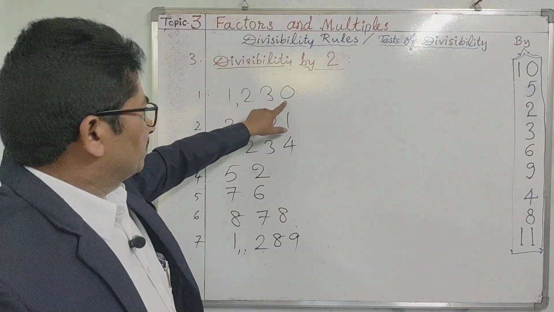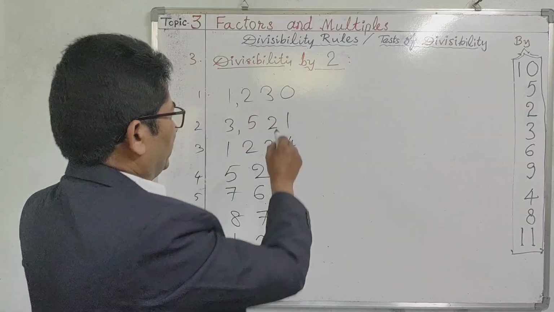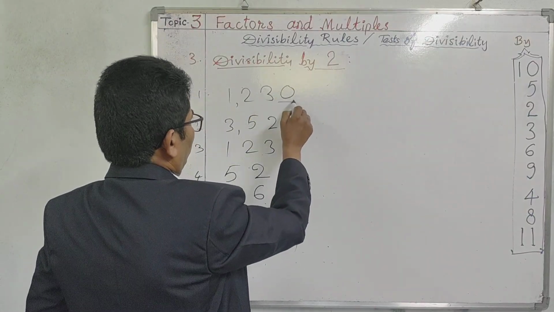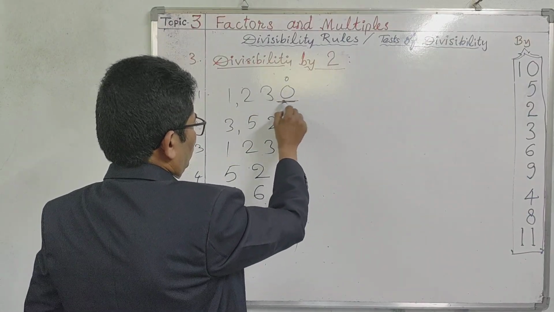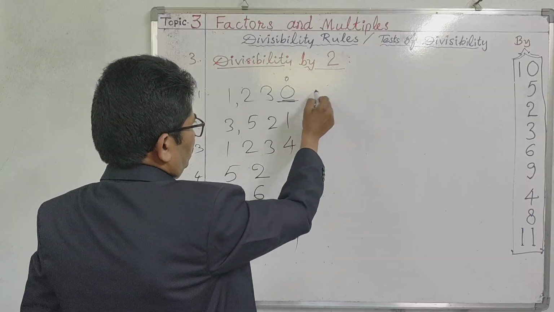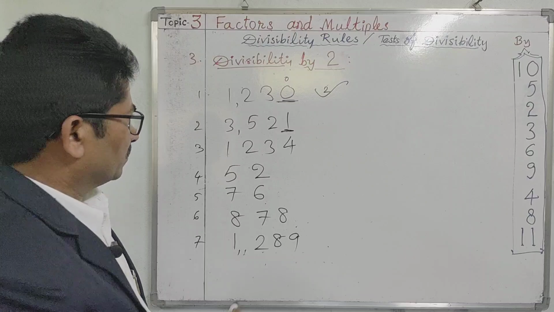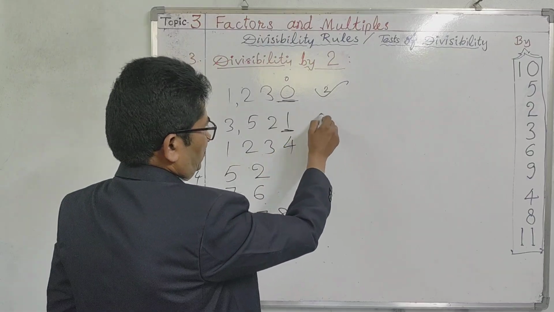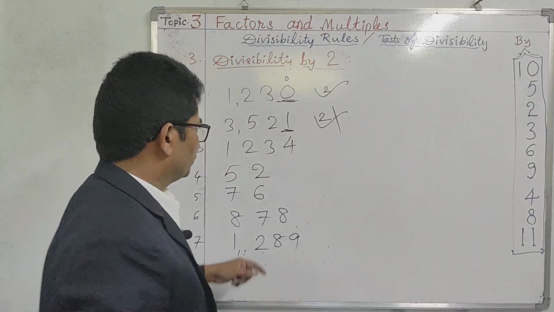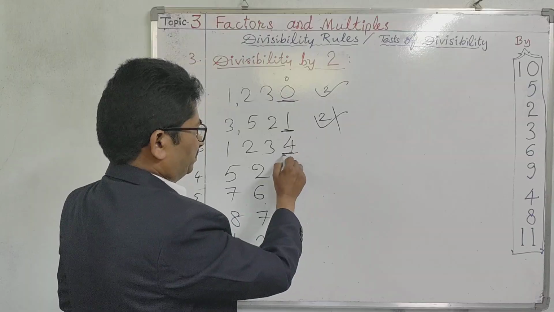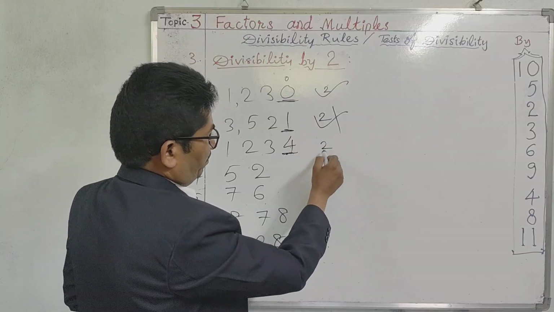In the first number, 1230, we have 0 in ones place, so this is divisible by 2. Here we have 1 in ones place, so this is not divisible by 2. Here we have 4, so this is divisible by 2.